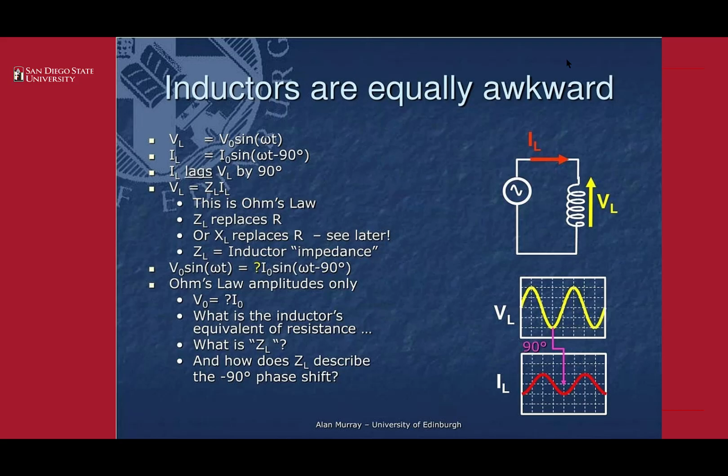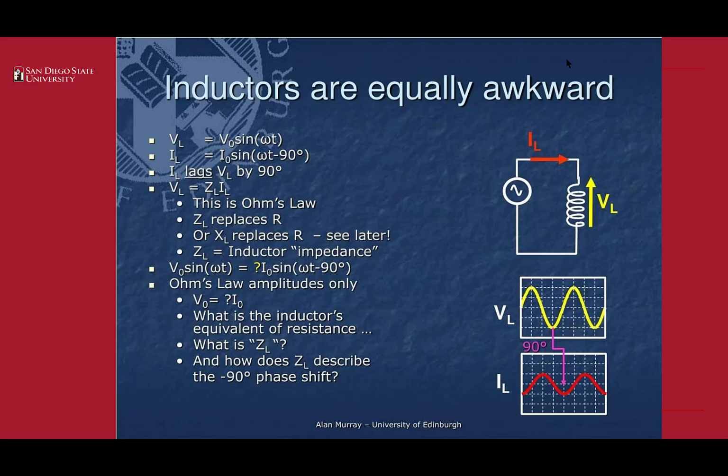VL, the voltage of an inductor in a circuit like the picture on the right side, can be represented with VL equals V0 sin omega t, just because of the same source of alternating voltage. Here, the current comes after, unlike the capacitor.